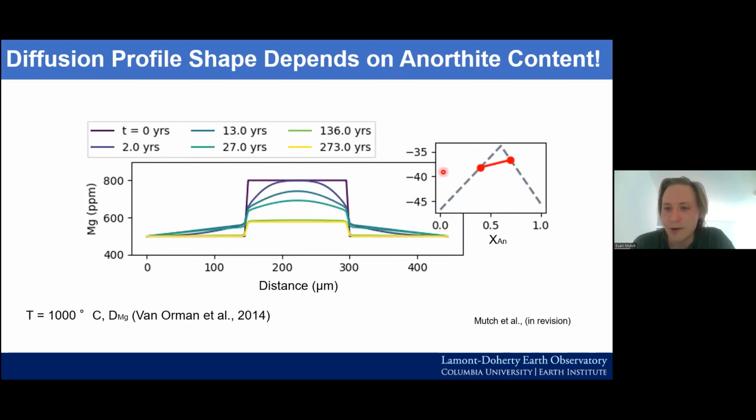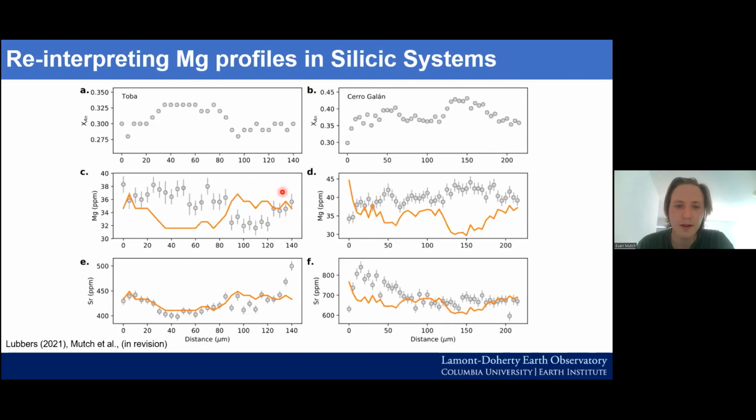And then finally, if we still had compositions on either side of this transition, then potentially the shape would be governed by the slope between these different points. And so this will have really important implications for understanding the shapes of equilibrium profiles and what they may mean.